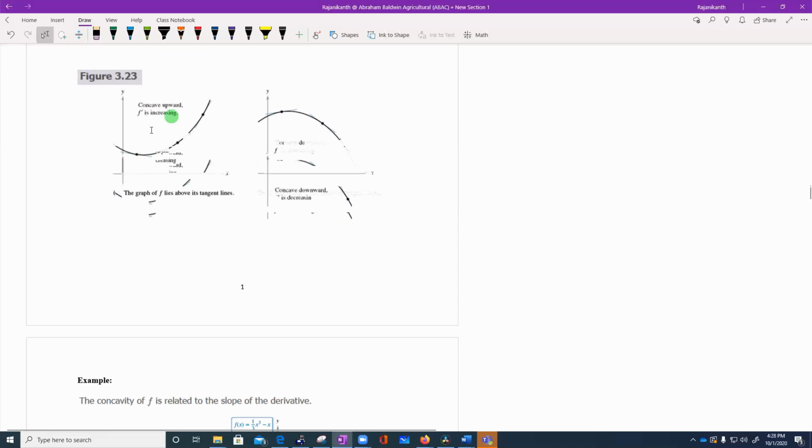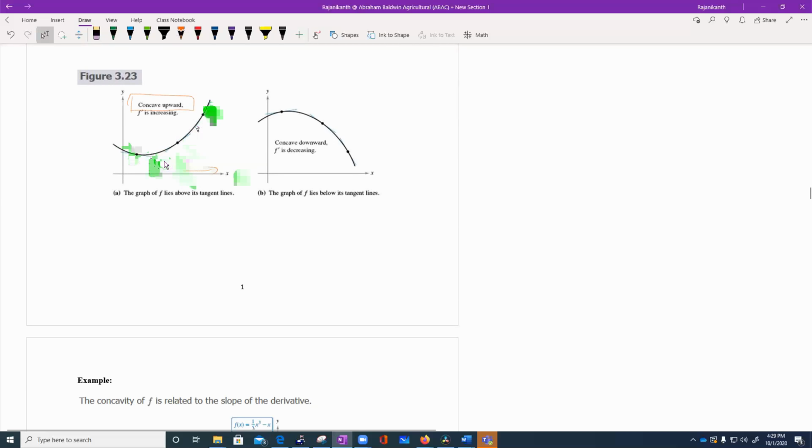If you look at this picture carefully, for concave up, what is happening? Look at the slope at those tangent points, or tangent curves, when you increase your x.